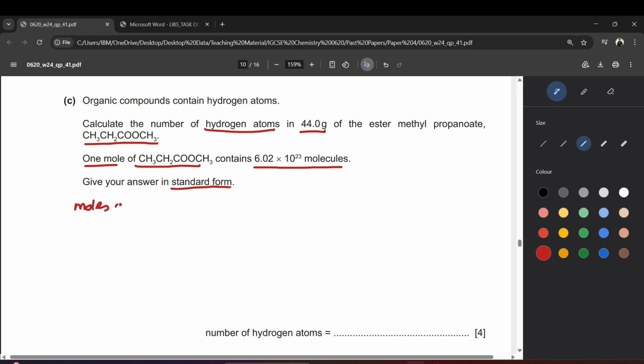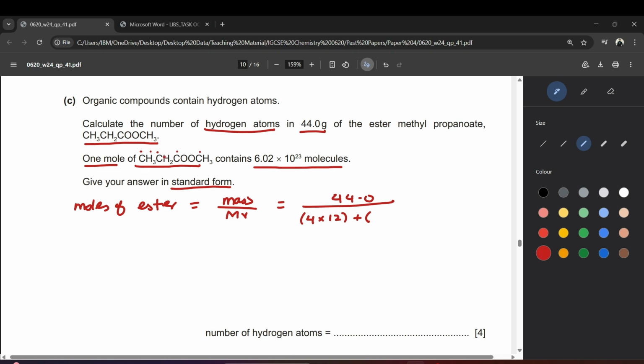So moles of ester equal to, because we have been given mass, we can use the formula mass upon Mr. The mass is going to be 44 grams. Mr we have to calculate. Okay, no problem. How many carbon atoms do we have? We have 1, 2, 3, and 4 carbon atoms. The Ar value of carbon is 12. So 4 times 12, plus, how many hydrogen do we have?